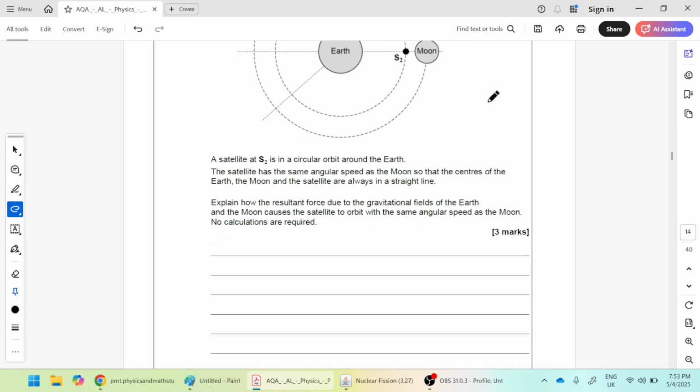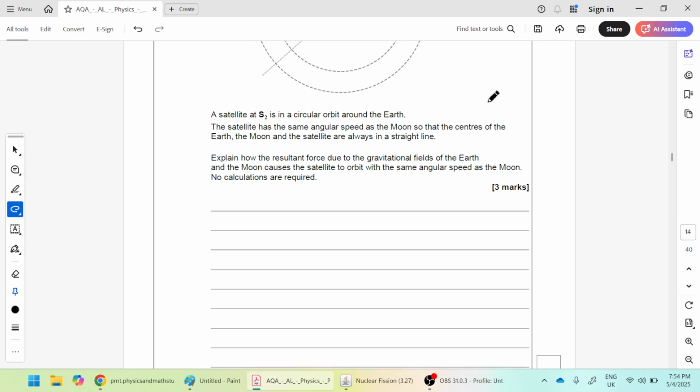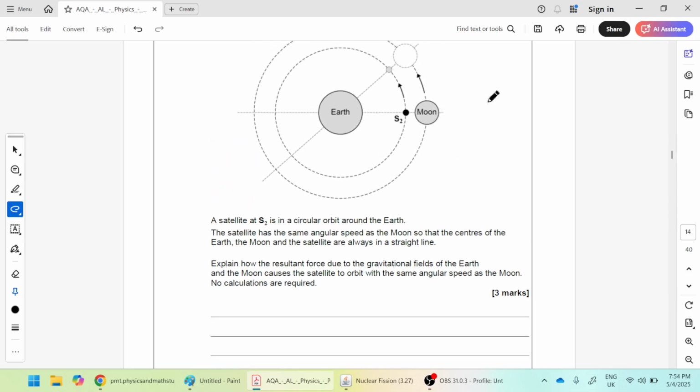Satellite has the same angular speed as the Moon, so that the centers of the Earth, Moon, and satellite are always in a straight line. Explain how the resultant force due to the gravitational fields of the Earth and the Moon cause the satellite to orbit with the same angular speed as the Moon. No calculations are required. Even though they say no calculations are required, I think here we need to understand something.